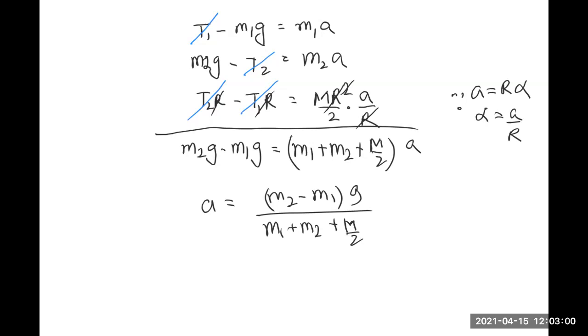नॉर्मल एटवुड मशीन का याद है सबको क्या होता था एक्सेलरेशन जो हमने एनएलएम में पढ़ा था? नीचे M by 2 का टर्म नहीं होता.